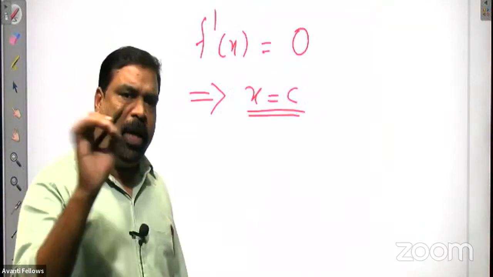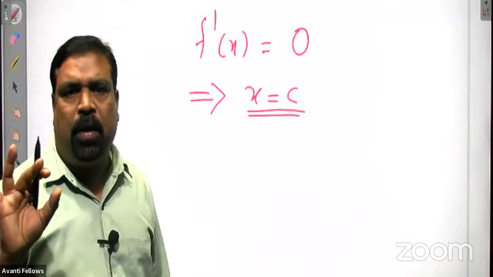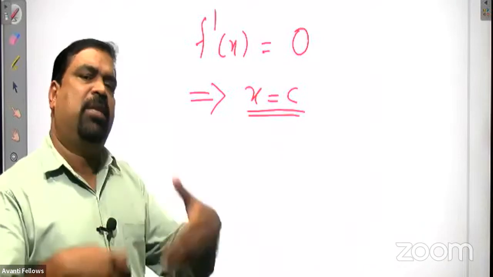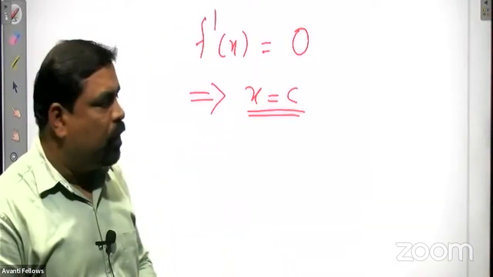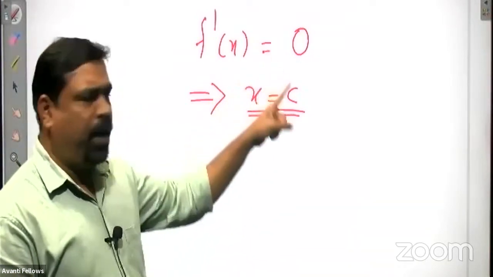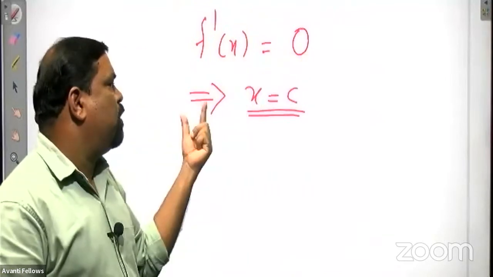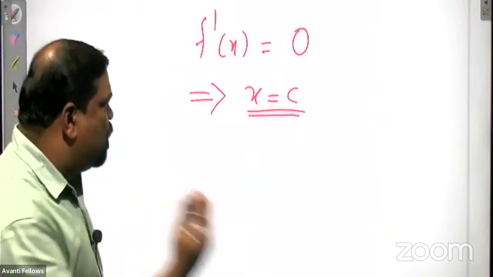The first step is the same: the critical point we have to find out. And if there is some point of non-differentiability, that also should be considered. If it is differentiable, then f dash x equal to 0 will give some value x equal to c, say.